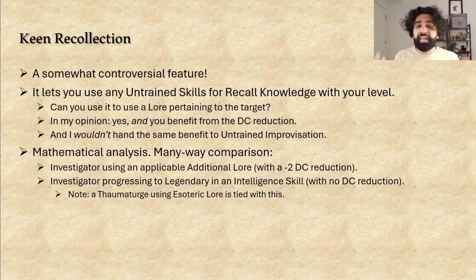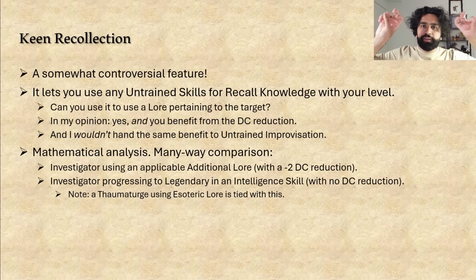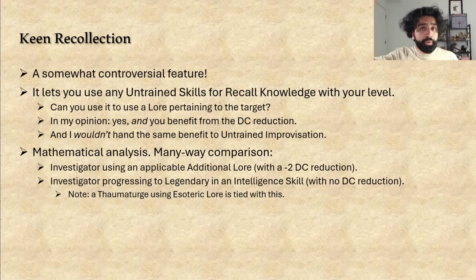If you are at a table that does so and your GM is not convinced by my argument that an applicable lore is not the same as a lore that is so broad that it applies to everything, then at the very least, the other investigator should also get a bump here, because if esoteric lore is an unspecific lore getting a -2 DC reduction, then it should pull ahead of the legendary skill that we're comparing it to here, but the additional lore investigator should then get a -5 DC reduction, because they definitely have a specific lore if you're considering esoteric lore unspecific, right? Make sure to chat with your GM about this.